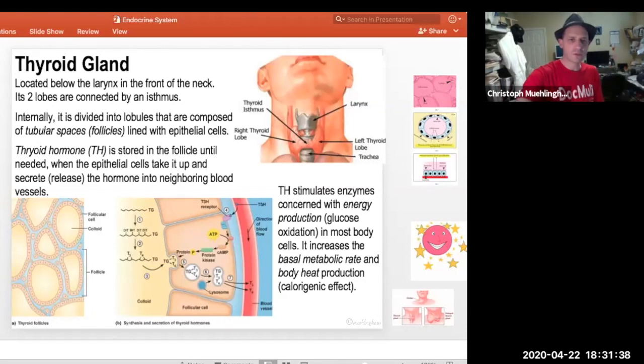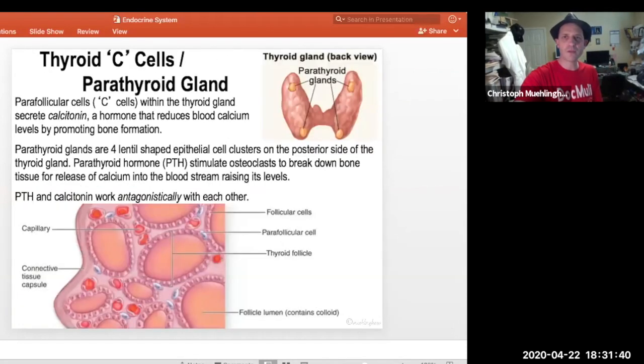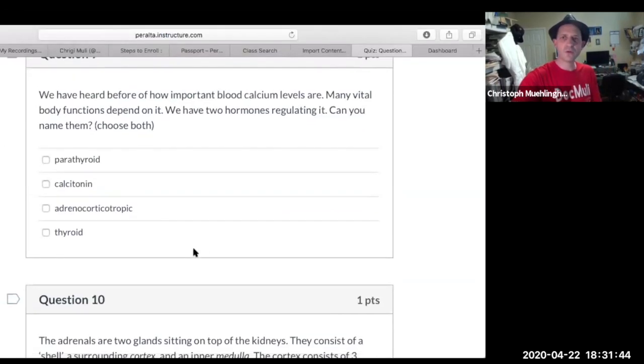Hold on, let's see. Oh, we get to the next one. Good. Number 9. We have heard before of how important blood calcium levels are. Many vital body functions depend on it. We have muscle contractions, for example, which is kind of important, especially in the heart muscle. We have 2 hormones that regulate it.